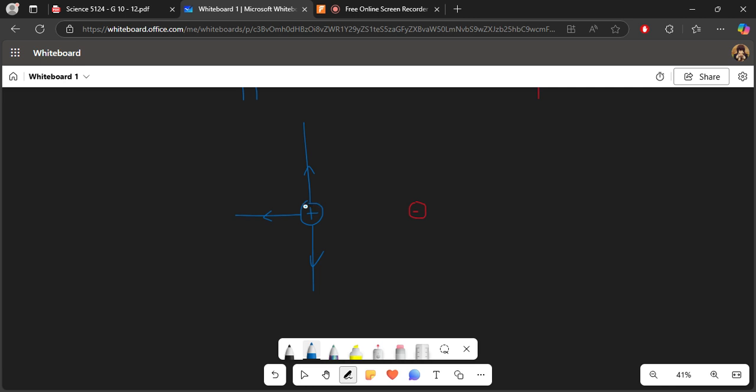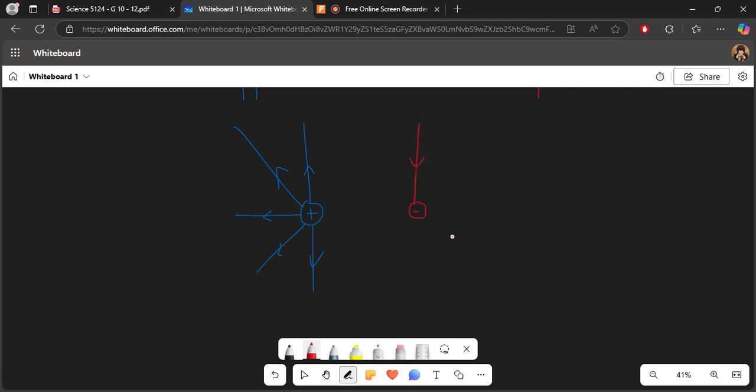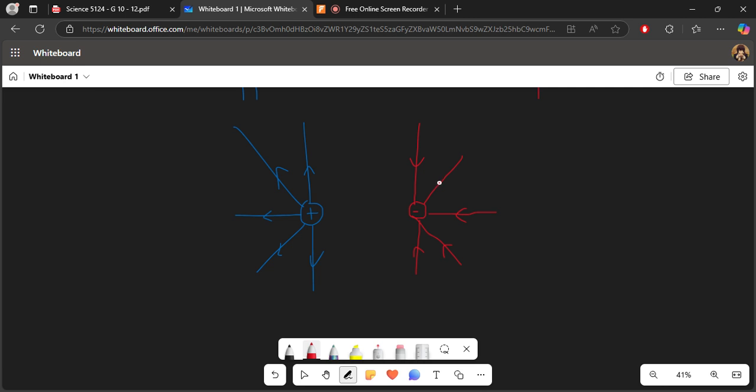And this one goes into the negative. To the negative. This shouldn't touch there. Rather something like that. To the negative.